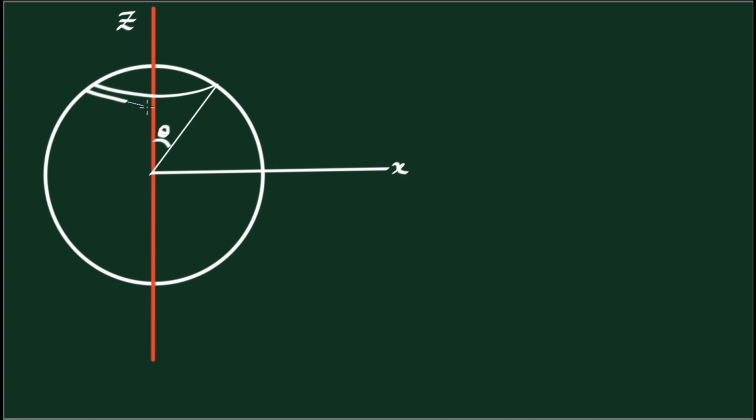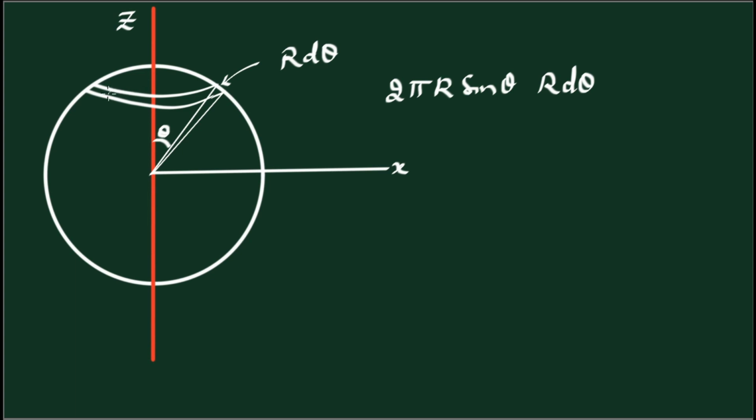And if you look at this thin circular strip, its width is nothing but r d theta, and its radius is r sine theta. So its length is 2 pi r sine theta, times r d theta is the area of this strip.